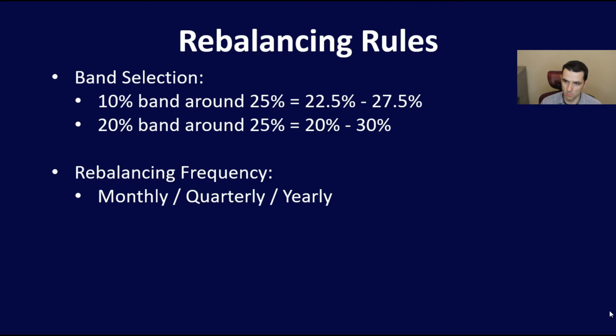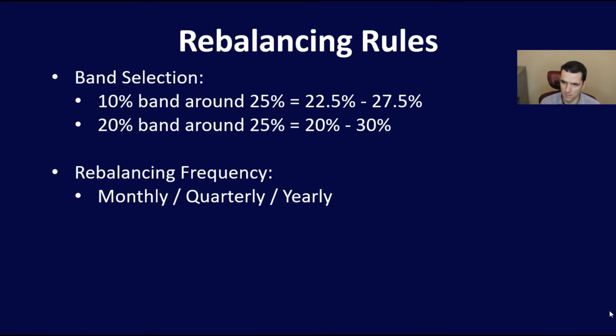If you wanted to be a little bit more aggressive and let your winners run a little bit longer, you could choose a 20% band. So that putting that around 25% would mean if any of your asset classes fell below 20% or grew greater than 30%, that would be a trigger for rebalancing. So it's a choice. There's no right or wrong answer here.